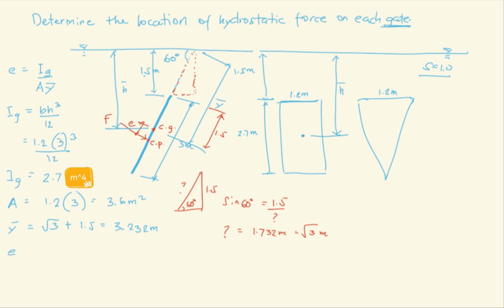Then the distance of the center of pressure from the center of gravity would be the moment of inertia, 2.7, divided by the area, which is 3.6, multiplied by 3.232. Okay.